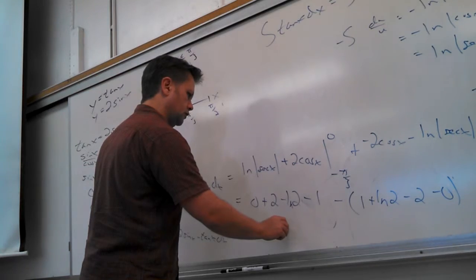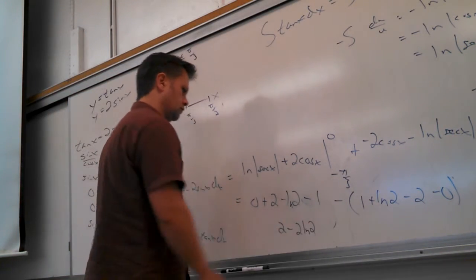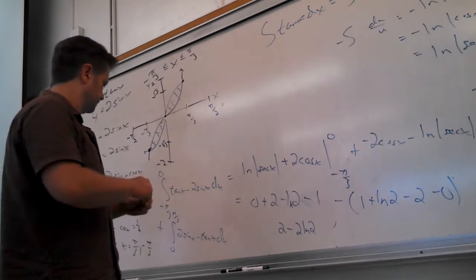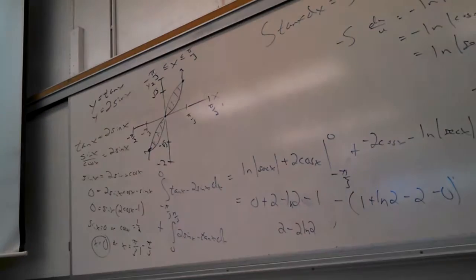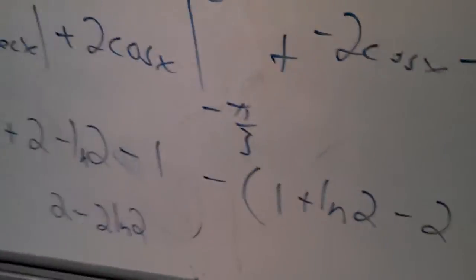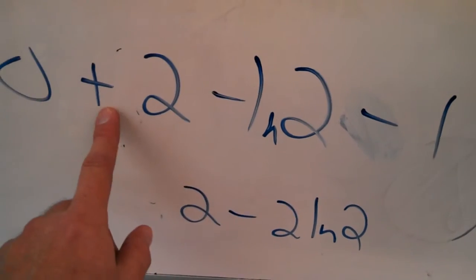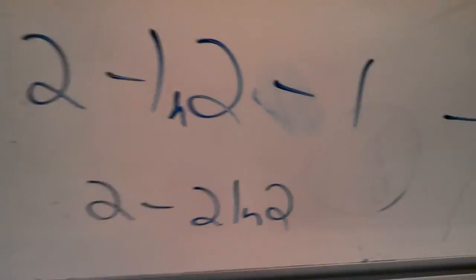So 2 minus 2 ln 2. The ln, add it there. Should be there. It works out.